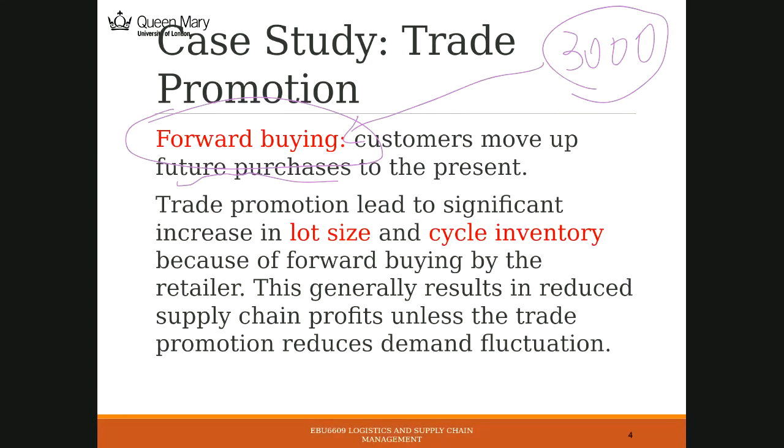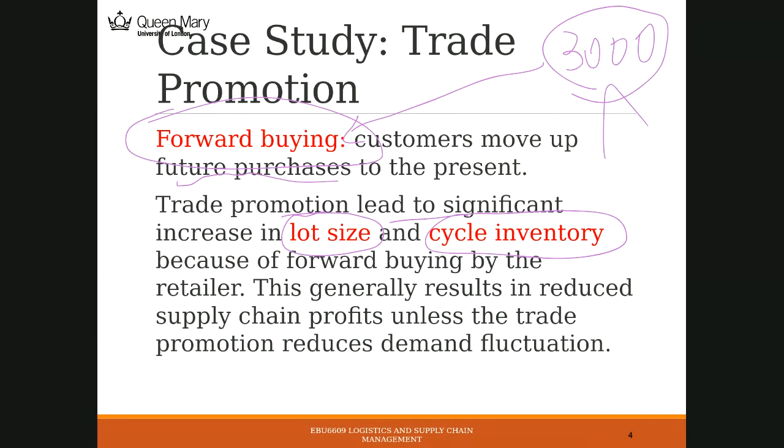Okay, so we have no problem with forward buying unless we are the inventory manager. What's the problem? You will have a significant increase in lot size and cycle inventory. Why? Because, as we have seen, you have 3,000, and you can't even put it in your warehouse because you don't have a big enough warehouse for so many things.